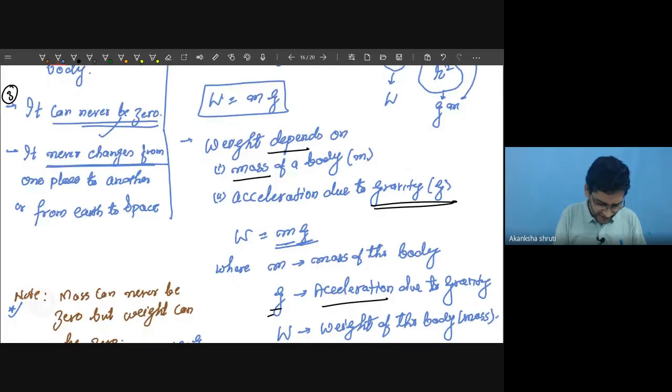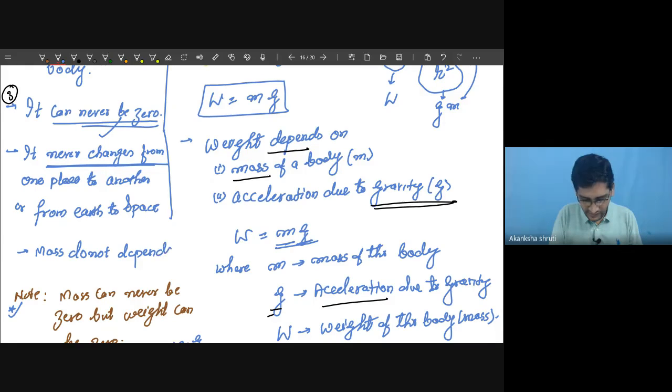So you may write like this: mass does not depend on weight, because weight is a vector quantity. The weight itself is depending on the mass. So this is the fourth thing that we need to keep in mind.